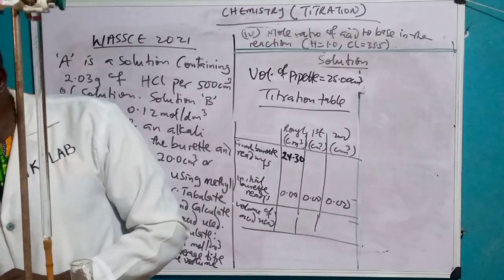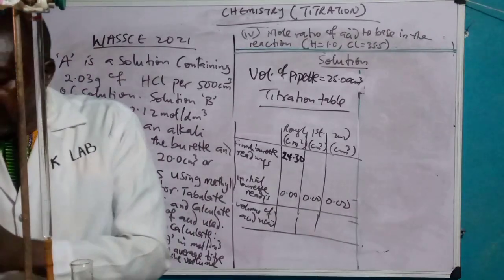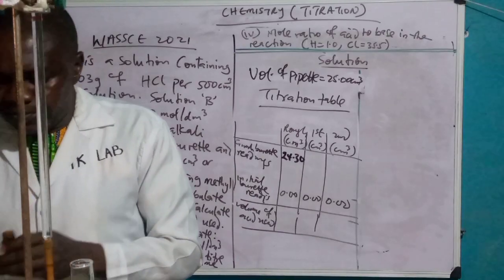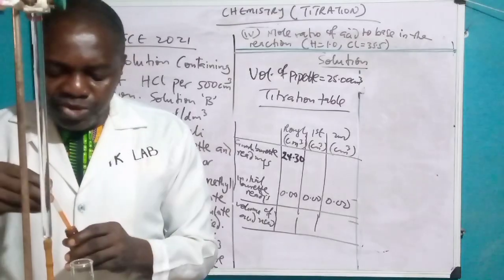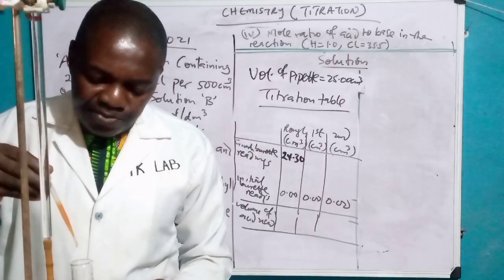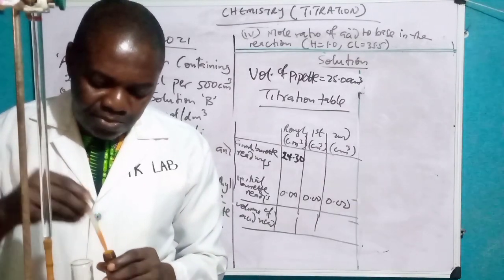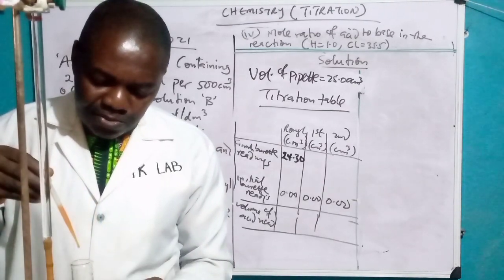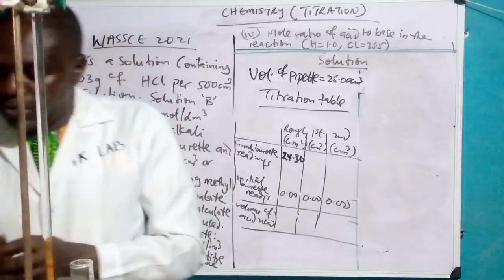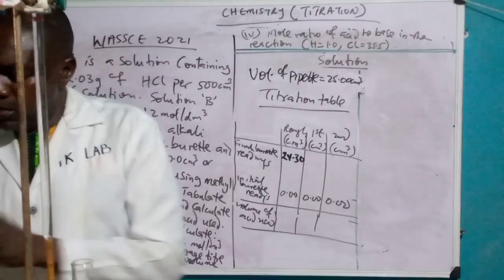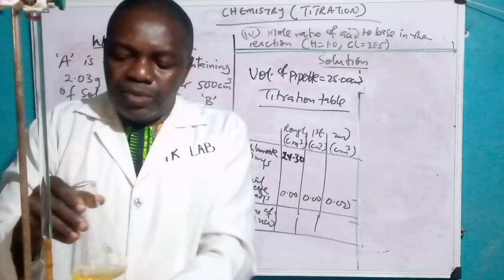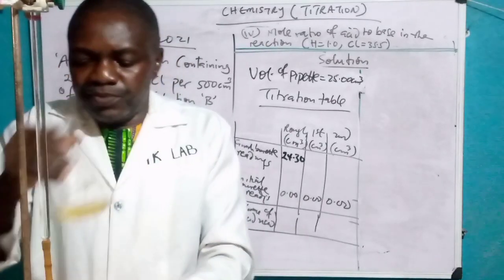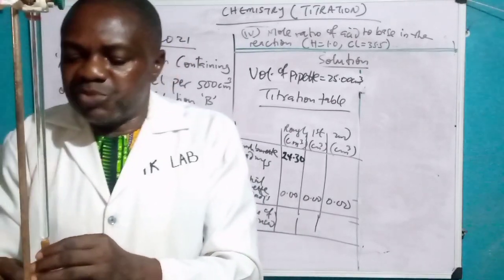The next thing you have to do is to add the indicator again. Remember, 2 drops of indicator. You can see it is yellow. Then we start our titration as before.